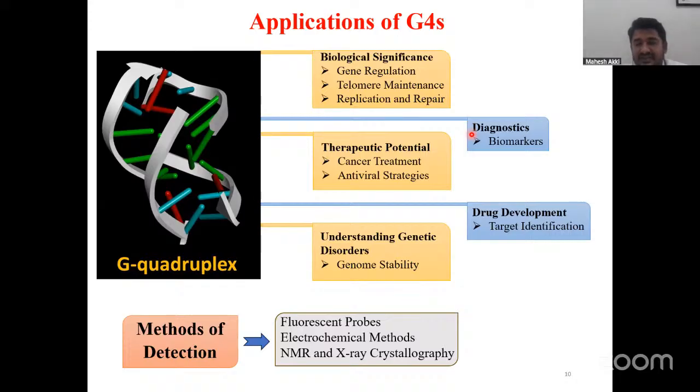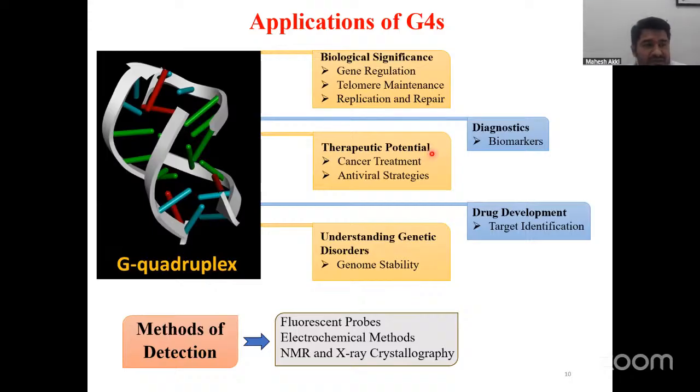Their presence and stability closely link with diseases such as cancer and neurological disorders. This makes them promising biomarkers, where detection of G4 formation or stabilization in specific genes can serve as an indicator for disease onset or progression.